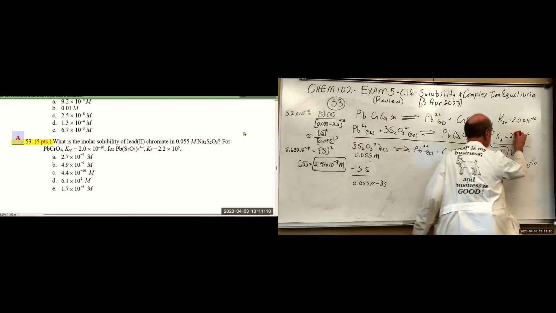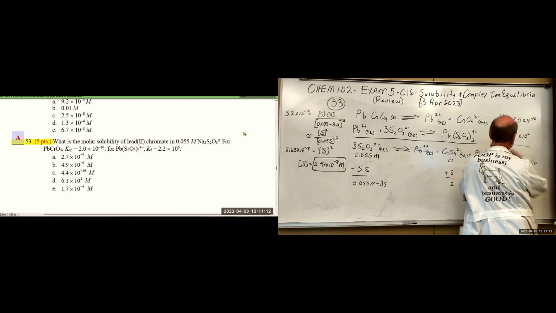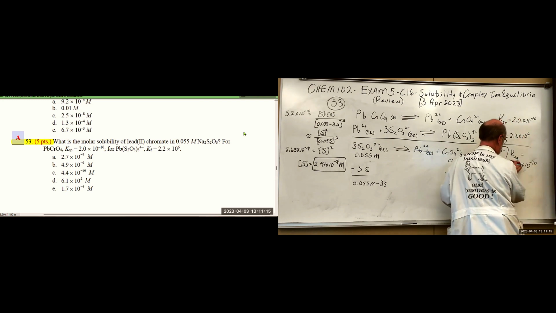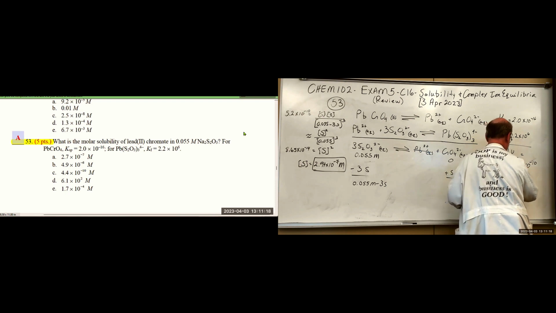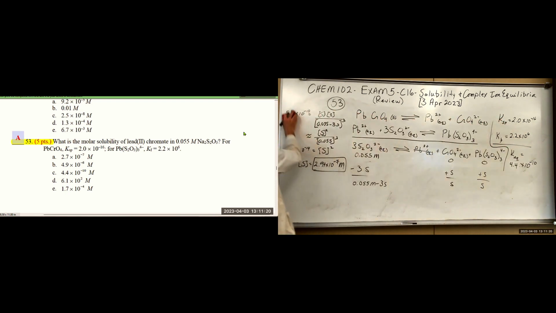Here it is. 2.2, this is 4.4. This is 4.4. And this .055, enter 3 there, 4.4 exponent 10 times 7.32.